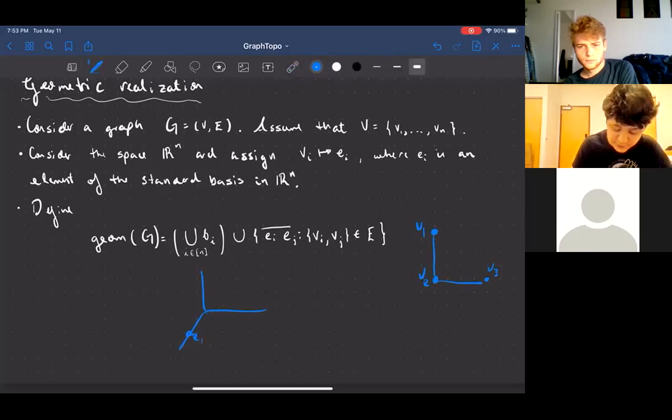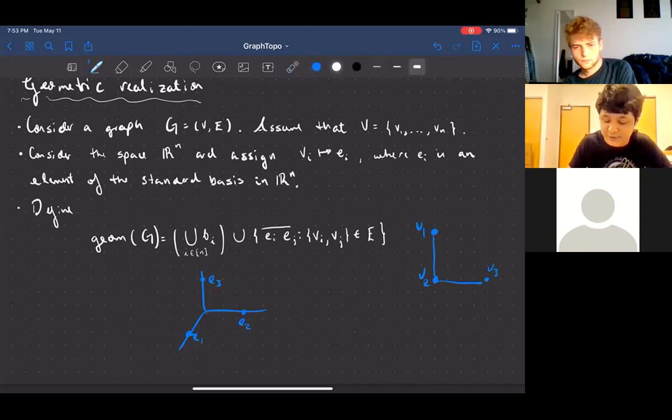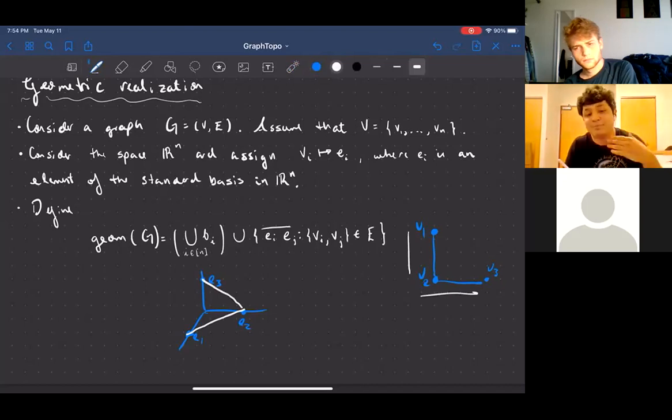So these are the vectors E1, E2, and E3. And when you make the mapping I mentioned, for example, the vertex B1 is connected with the vertex B2, so you make a line segment here, and B2 is connected with B3, so you make another line segment here. So this is called the geometric realization of a graph, and it is quite a nice solution.